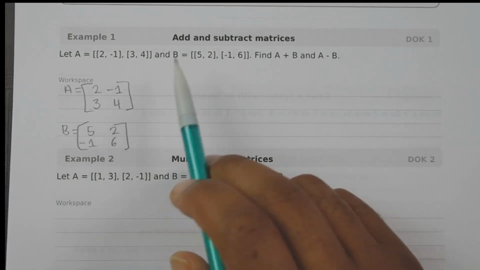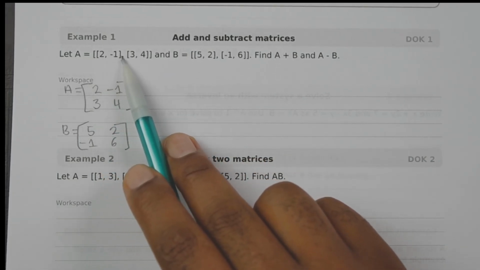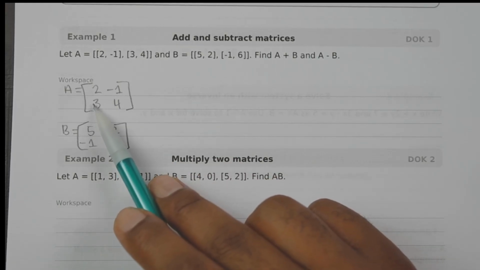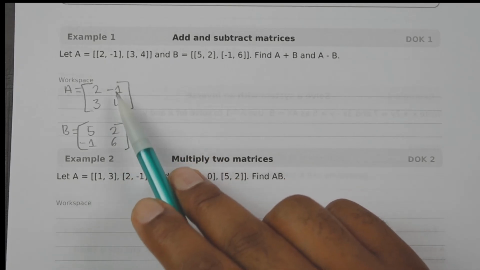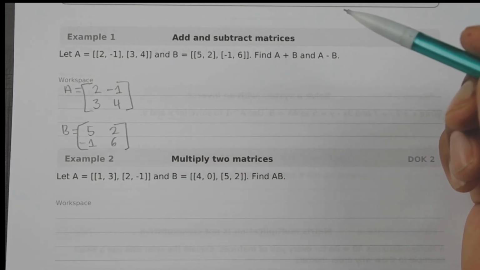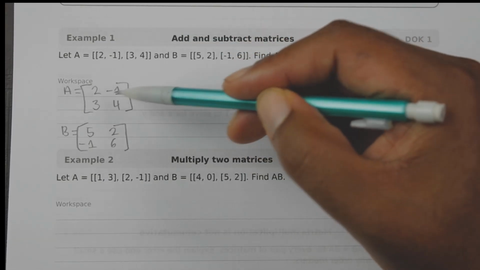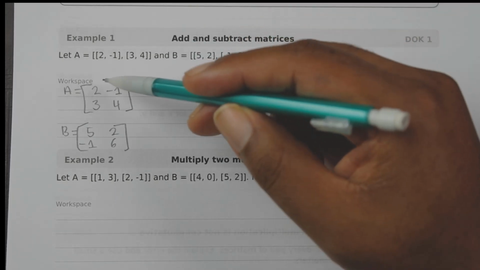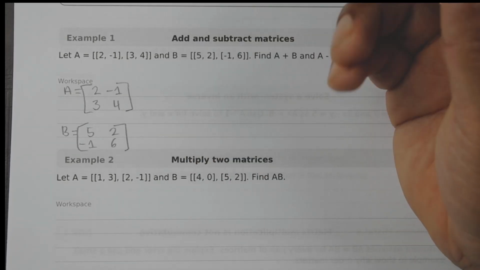Notice this is the top row, this is the bottom row. And then 2 and 3 represent the column, then -1 and 4 represent the column of A. So that's the way we have to look at it. Rows are horizontal, columns are vertical.